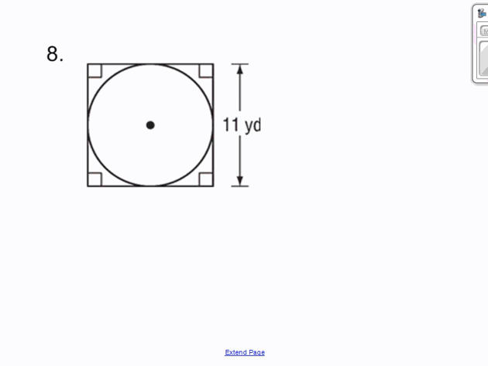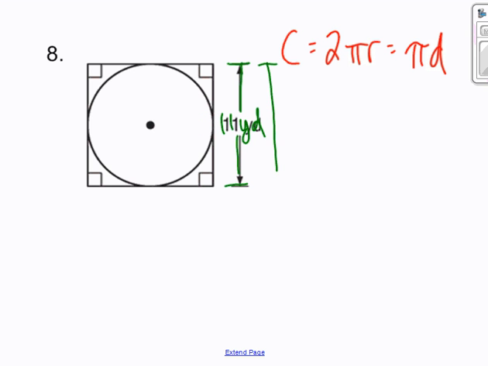And the last one, we have to find circumference. This one is just using what you know. If I take this 11 yards and scoot it over, parallel, see where it would land?